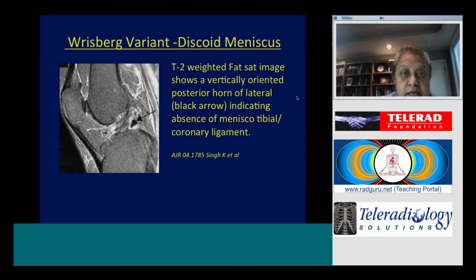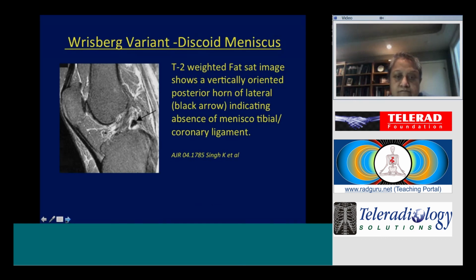As you will recall, I told you that the discoid meniscus of the Risberg type is characterized by the absence of the attachment of the meniscus to its adjacent ligament. And this is the reason why the orientation of the posterior horn becomes vertical rather than lateral.